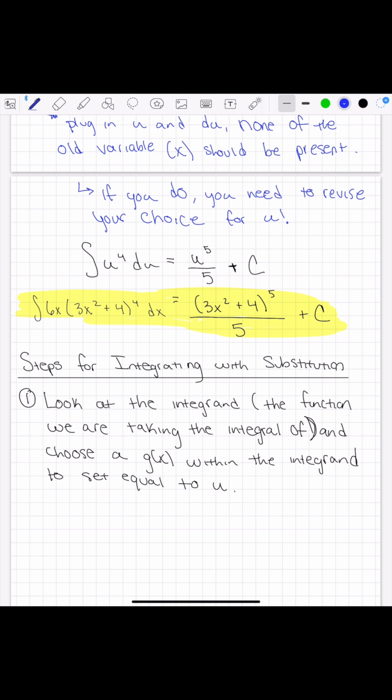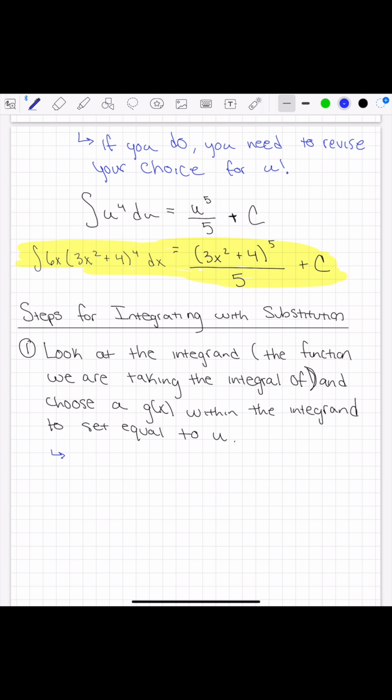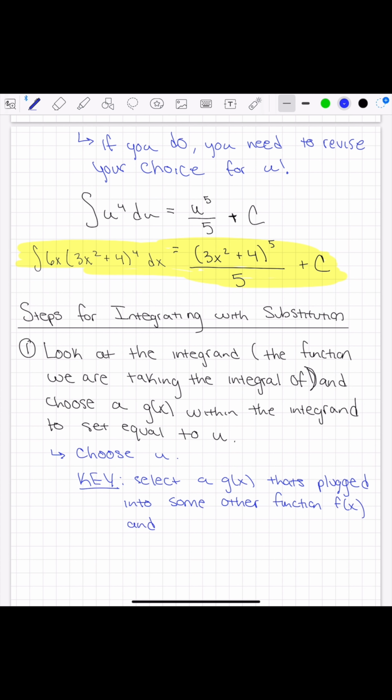To summarize that, choose u. The key is that you select a g of x that's plugged into some other function f of x, and that the derivative, g prime, is present in the integrand.